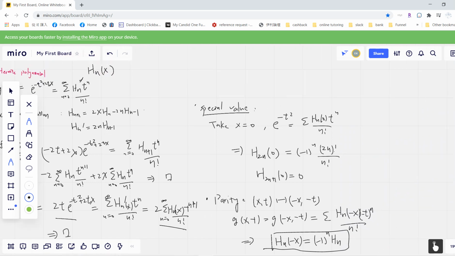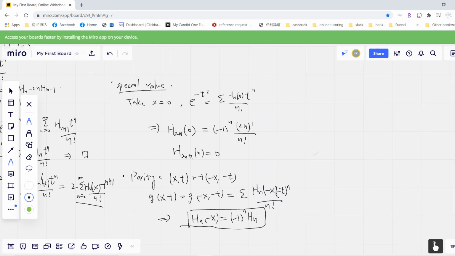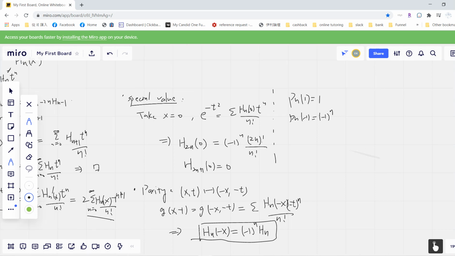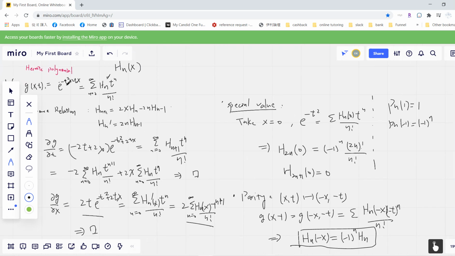Okay, let's see the special values. The special values are like the Legendre polynomial, right? In the previous lecture, we proved that for the Legendre polynomial P_n(1) is 1 and P_n(-1) is negative one to the power n. Same thing we will do for the Hermite polynomial. So we just take x equals 0. Remember when x equals 0, we get the exponential of negative t squared.